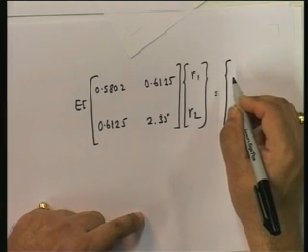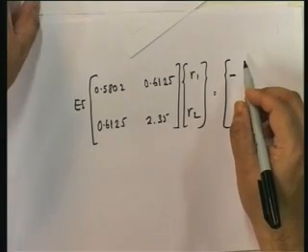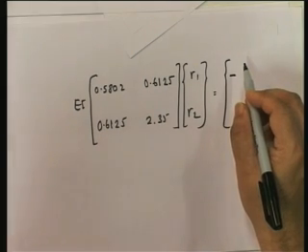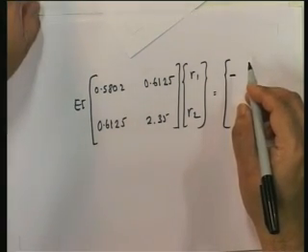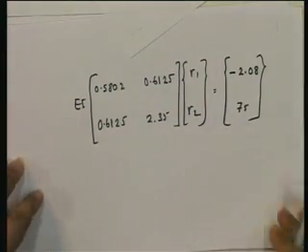Okay, so this is going to be equal to minus 68.5, and here you have 50 by 4, so this is equal to minus 50 by 3 minus 18 by 5. 50 by 3 is equal to 16.67, so this is going to be equal to 2.08, and this is going to be 75. Okay, so now we can solve.